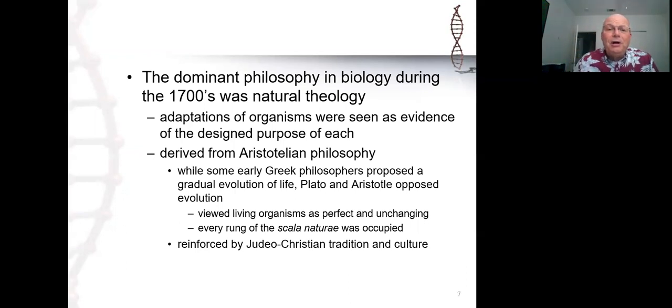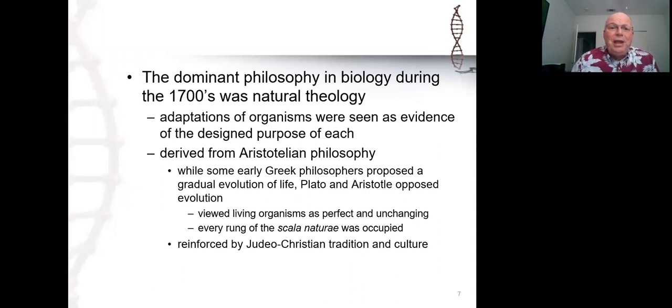And so the combination of the Genesis story and a combination of particularly Aristotelian thought led to the young earth divine creation philosophy known as natural theology that dominated the thinking in Europe from around the early 1500s all the way through into the mid 1800s, almost around the time that Darwin published On the Origin of Species.